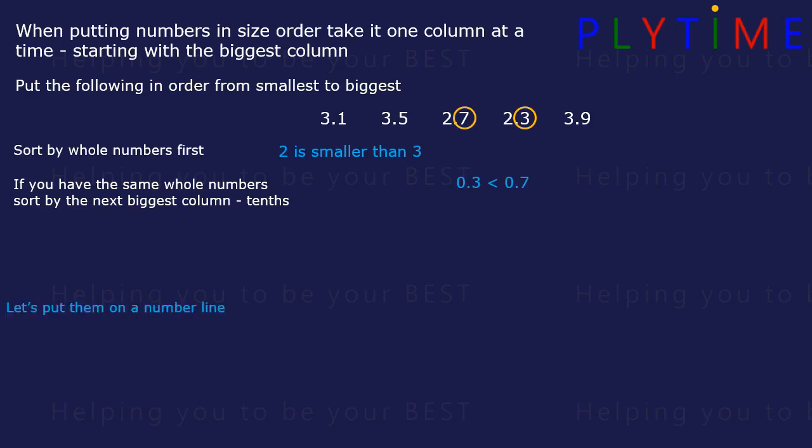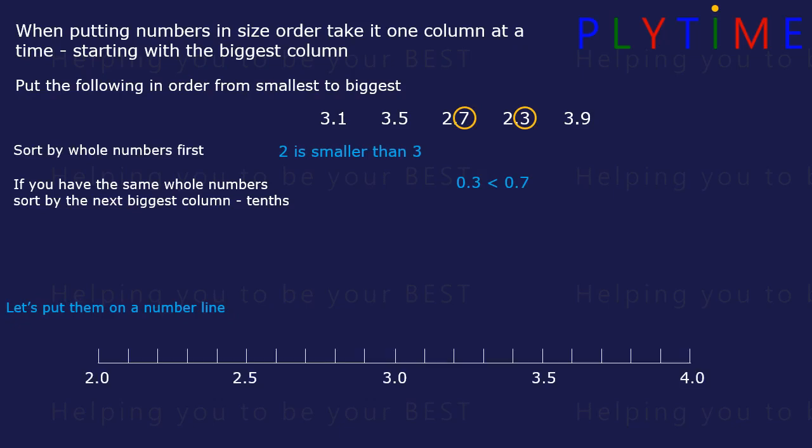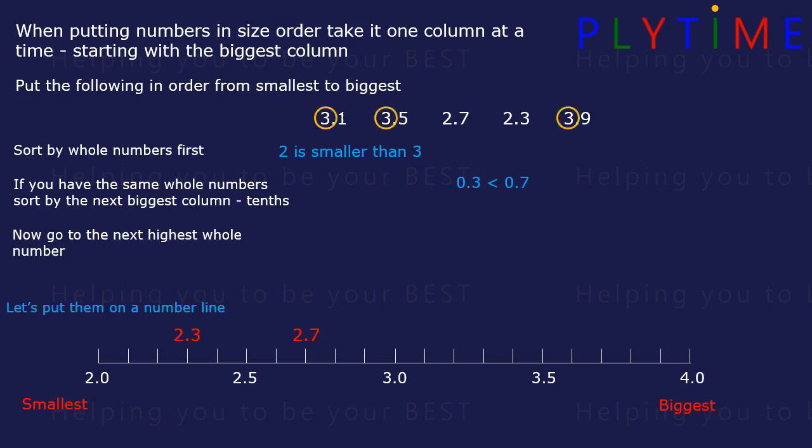So now we can put them on a number line. The smallest number, we know, is 2.3. Then we have 2.7. Now we need to go to the next highest whole number, which is the 3.